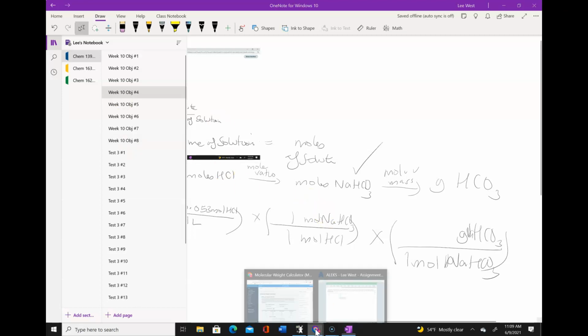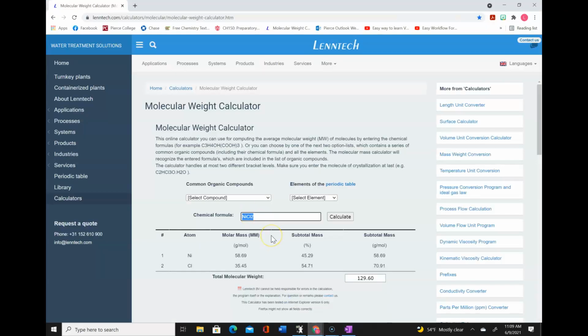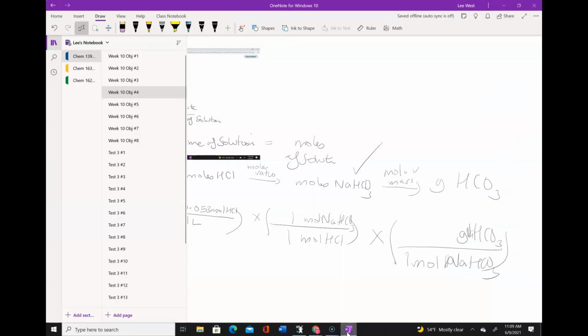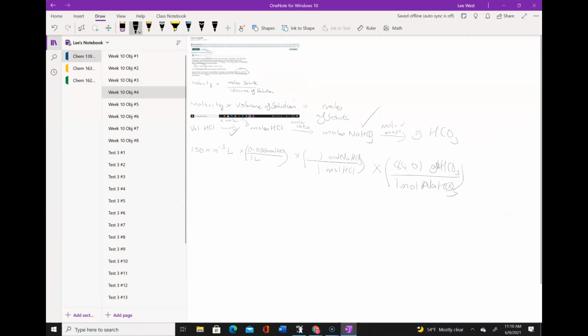So I'm going to go to my molar mass calculator, and I'm going to go NaHCO3, hit calculate, and it'll do it for me. 84.01. 84.01 grams of sodium bicarbonate in every 1 mole.